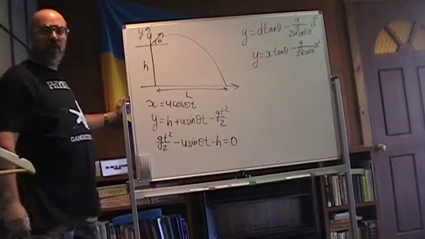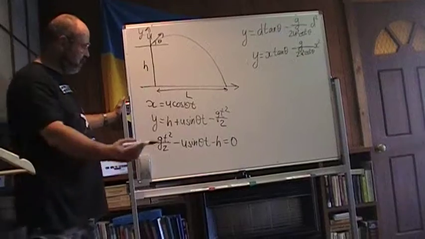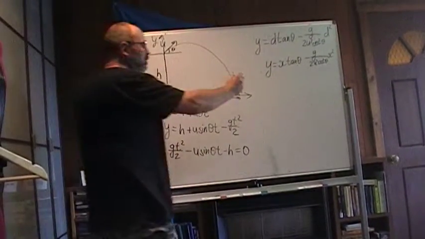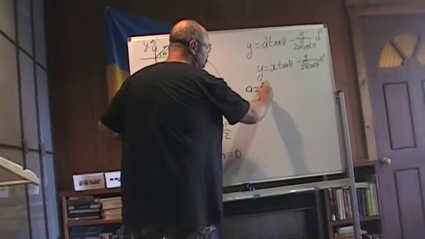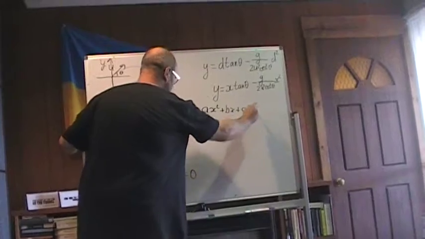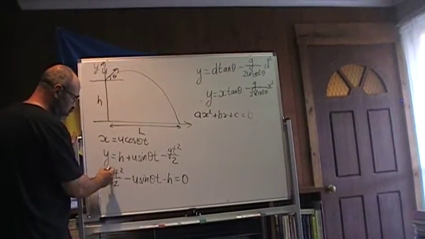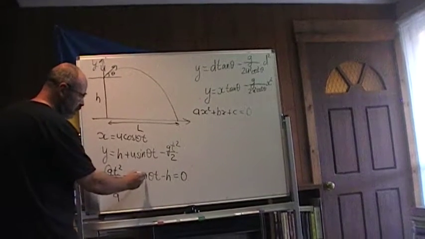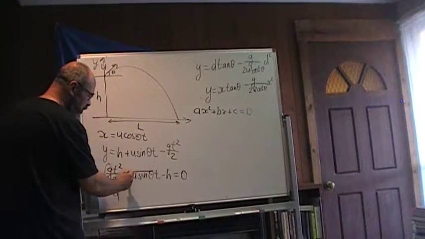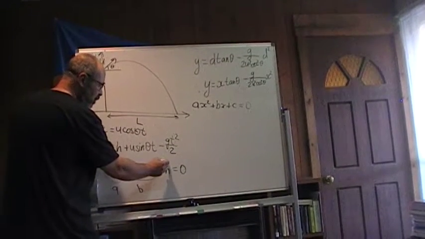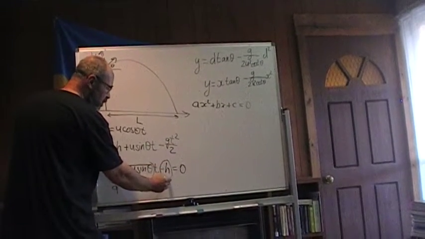We have a quadratic equation for time where g on 2 is your a, minus u sine theta is your b, and minus h is your c.